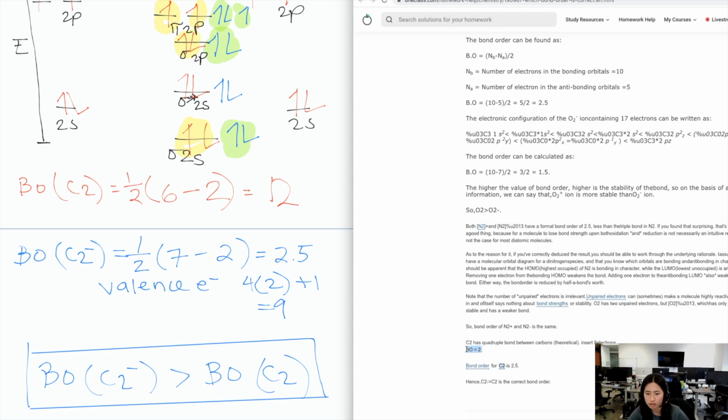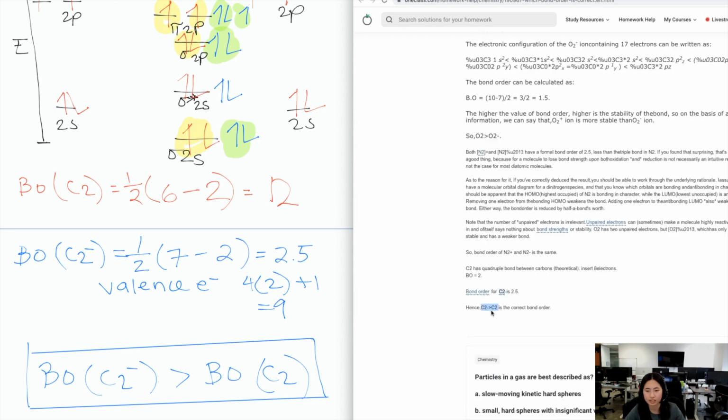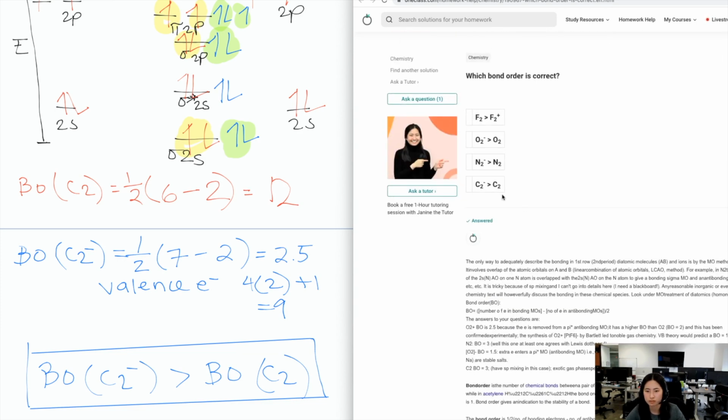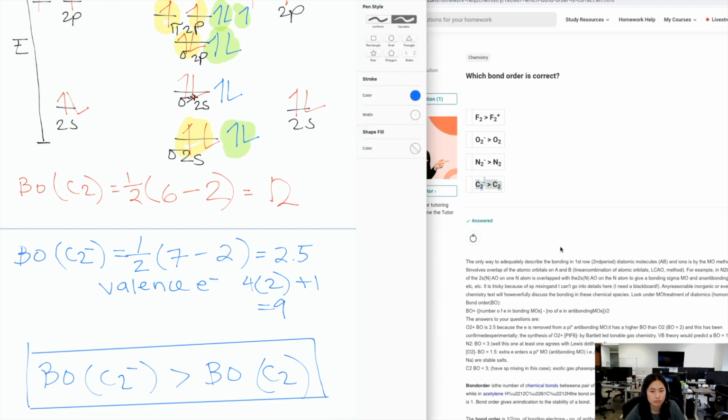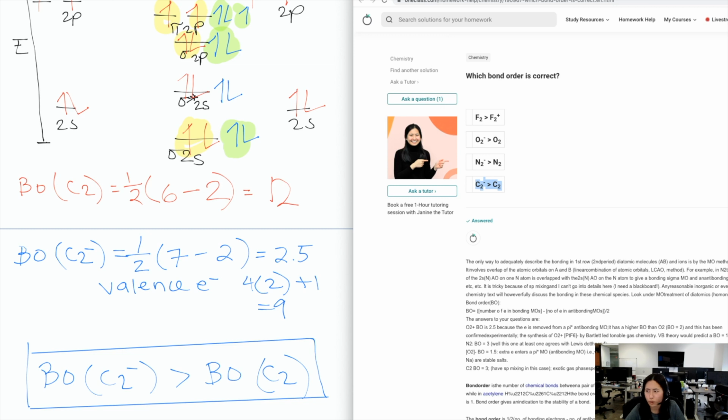And then they're comparing C2 minus and C2. So C2 minus, they're saying it's greater compared to C2, and therefore this is right. It's the one that I highlighted in blue. Yeah, so this is the right answer. Okay, so hopefully that whole bond order thing makes sense.